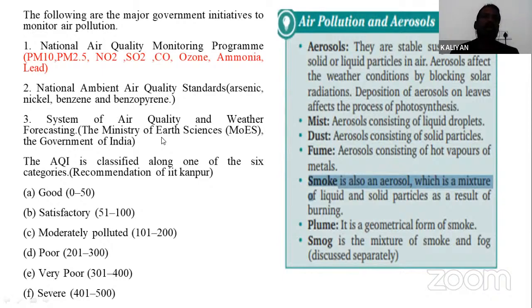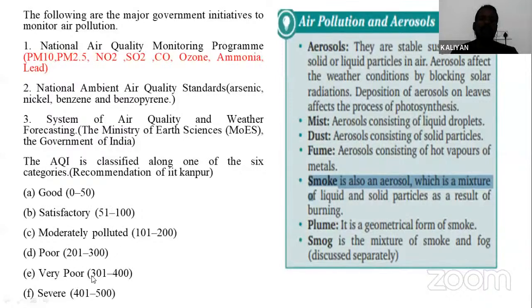Based on the air quality index, we categorize air quality into 6 categories, as recommended by IIT Kanpur. If air quality is good, the air quality index is 0 to 50. Satisfactory is 51 to 100. Moderately polluted is 101 to 200. Poor is 201 to 300.